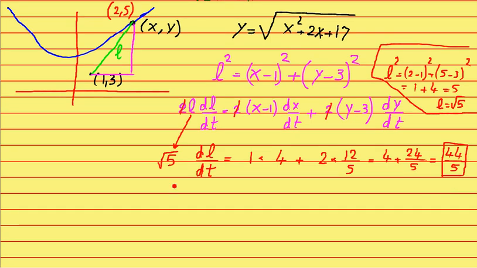So what we found, now find an answer here. dL/dt, I divide by square root of 5, get 44 over 5 radical 5.